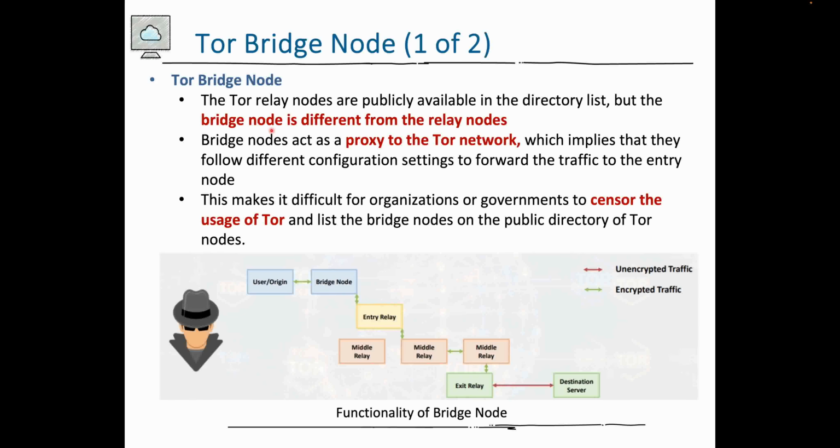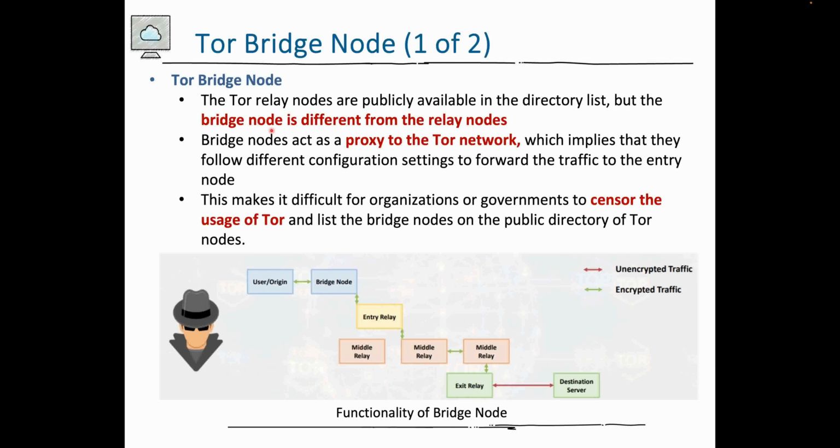Unlike traditional Tor relays, which are publicly listed in the Tor directory, bridge nodes are not listed in the public Tor directory. This lack of public visibility is by design, primarily to help users connect to the Tor network in regions where Tor is censored or its relays are blocked by national firewalls or local internet service providers.